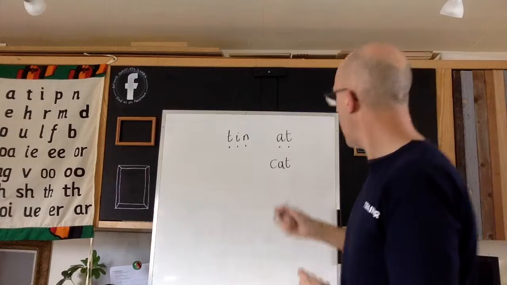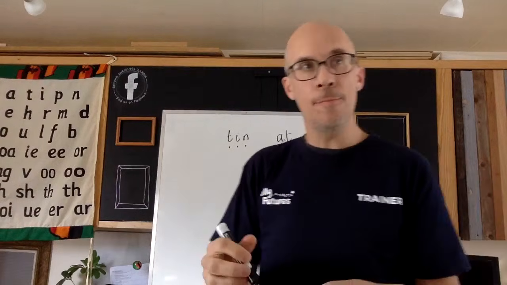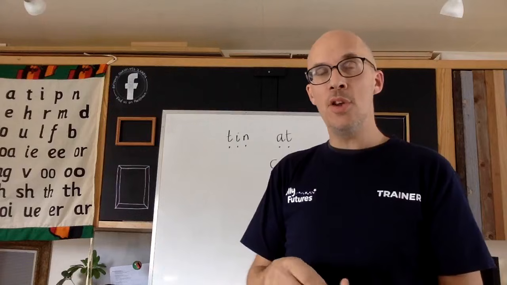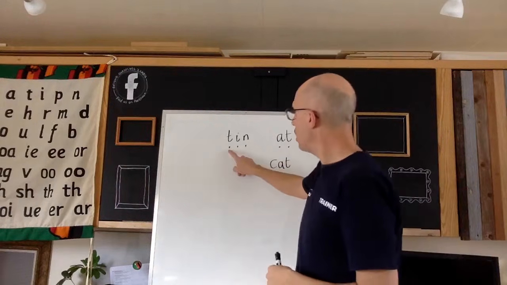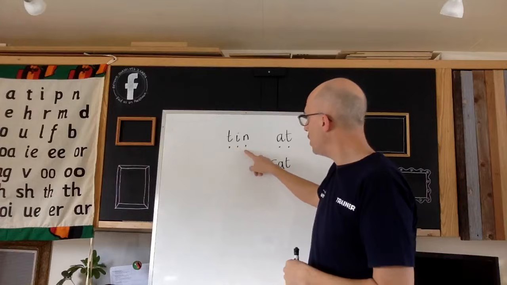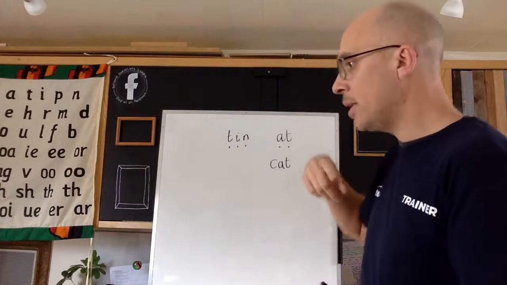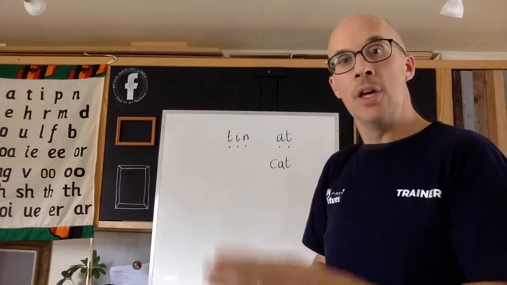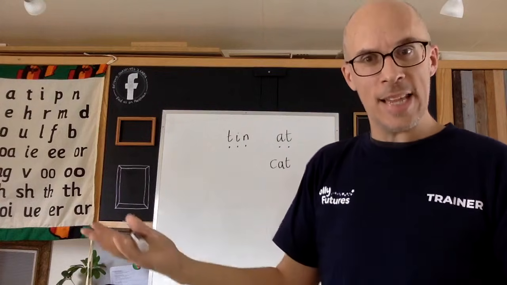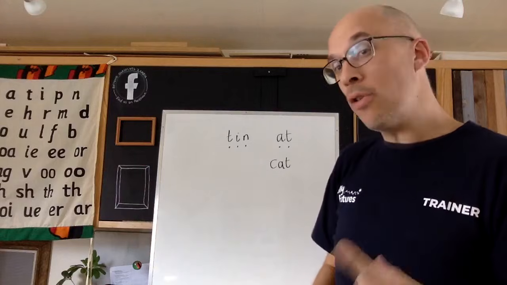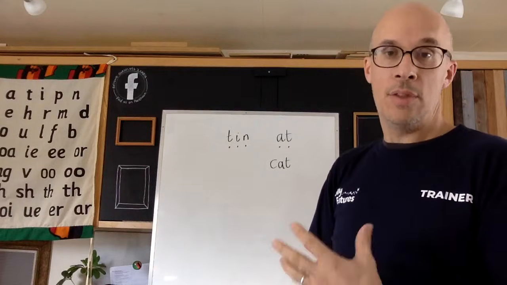Oral blending is about helping learners, when they're trying to read a word and they're going t, i, n, you want them to really grow that ability to be able to hear t, i, n, and turn that into the word tin. So oral blending is a real strong key to being able to then do blending.